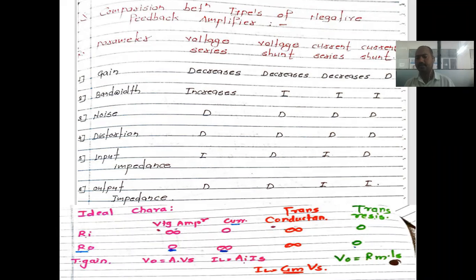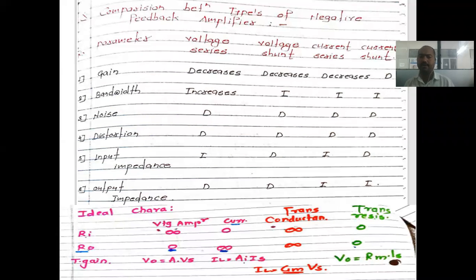So sometimes what happens, gain should increase, but the opposite effect occurs, or the input impedance and output impedance terms should increase or decrease, right? That is not acceptable. So when we look at the gain factor, in case of voltage series feedback, whatever the gain of your amplifier is, that should be reduced.